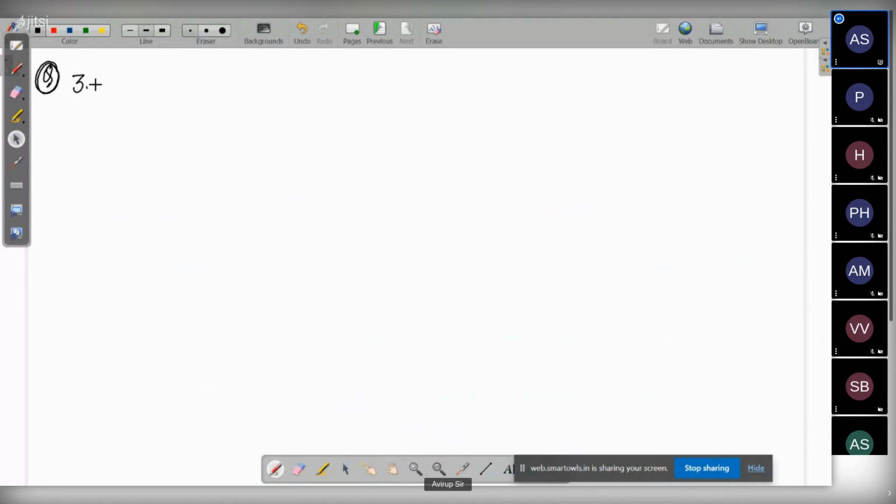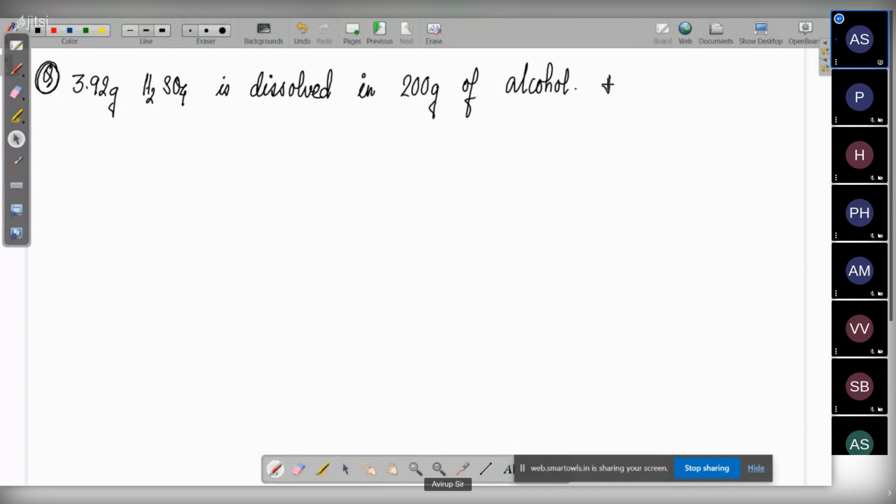That is 3.92 gram H2SO4 is dissolved in 200 grams of alcohol. You have to find the molarity of the solution.